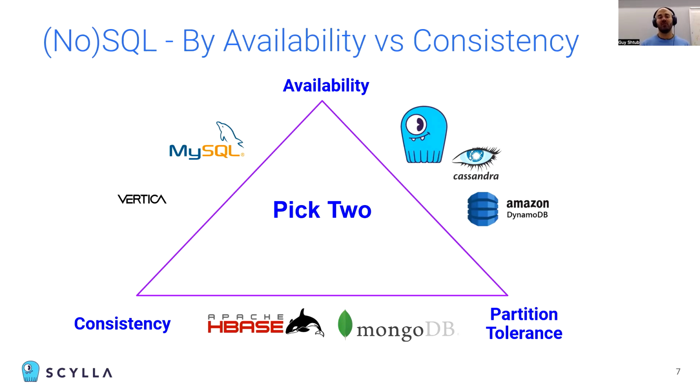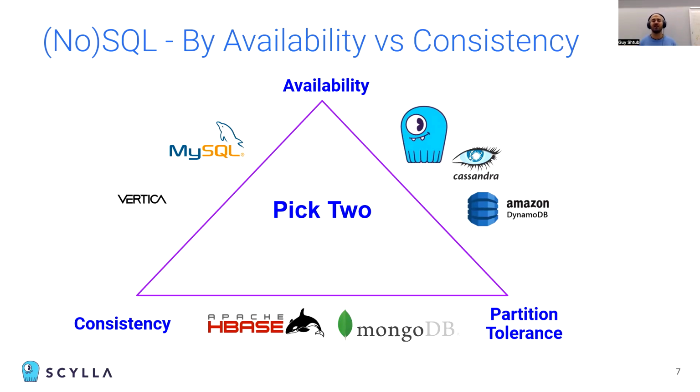However, there's a trade-off between these three, and we can only pick two out of the three in each database system. So the three attributes are consistency. There are different ways to define consistency, but a popular way is that when we read data from the database, we get the most recent write. So our data is consistent.